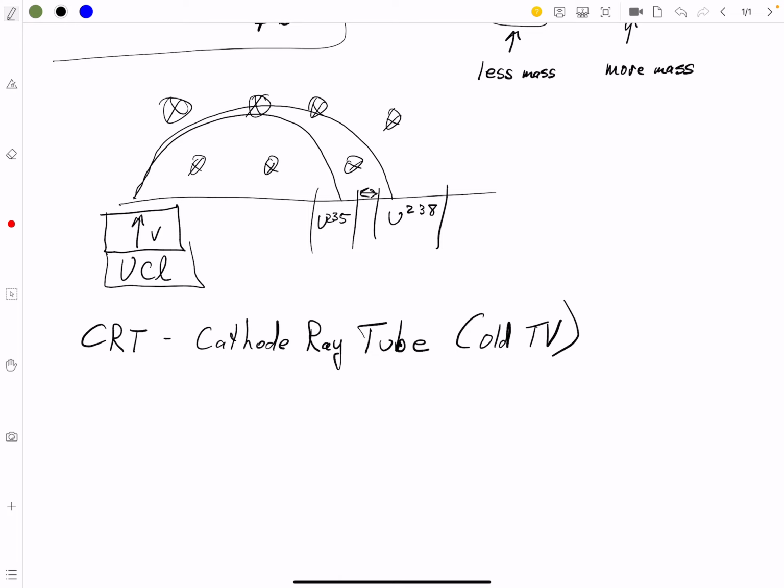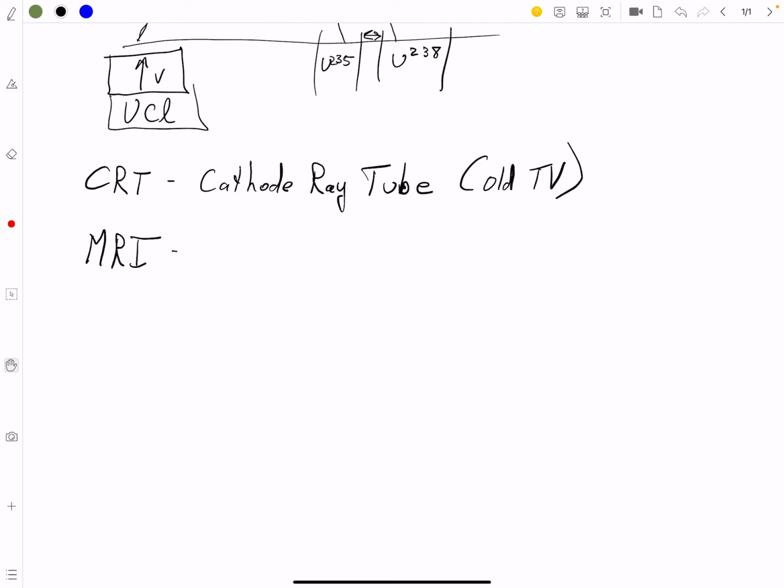And then we have MRI. Okay, so let me just talk to you a little bit about MRI. First of all, it's really nuclear magnetic resonance.